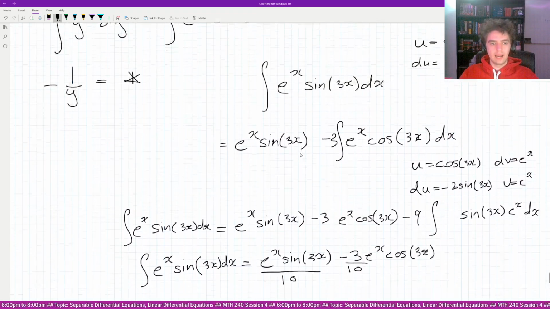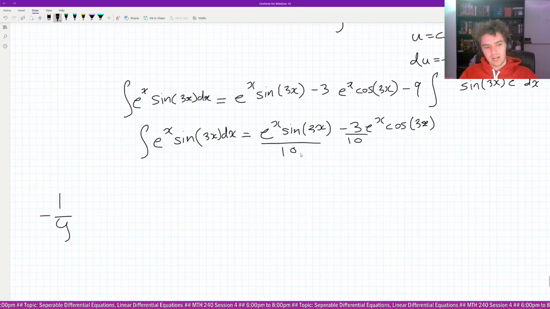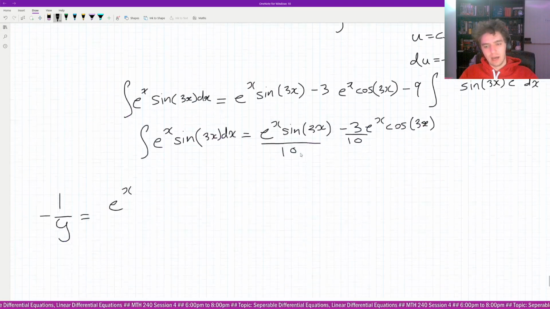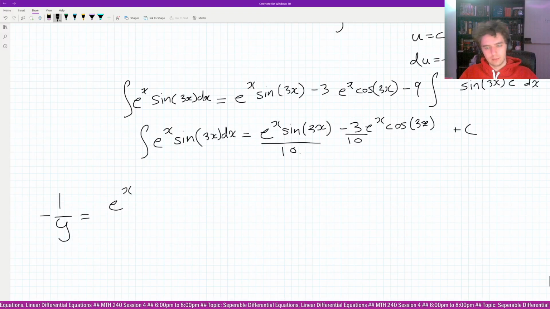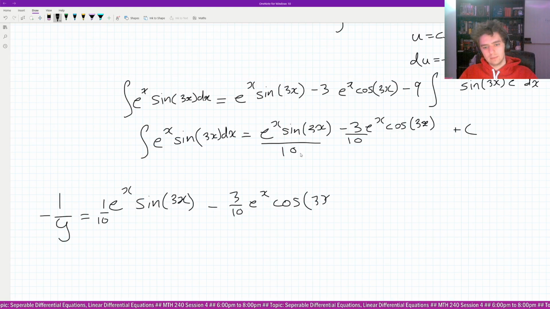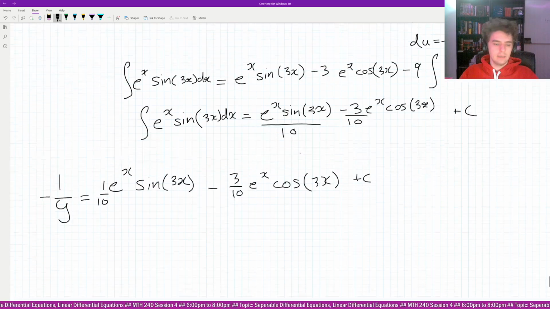Okay, so now negative 1 over y is equal to that. I'll add a plus c, I guess I'll just put it here. So 1 over 10 times this: e to the x sine 3x minus 3 over 10 e to the x cos 3x plus c.